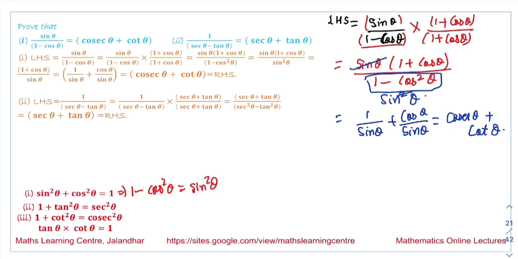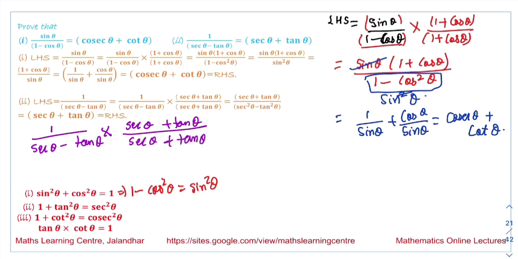Now the next question we have is 1 over secant theta minus tan theta. Again, the power of all these terms is 1. To solve this, we multiply and divide by secant theta plus tan theta over secant theta plus tan theta.